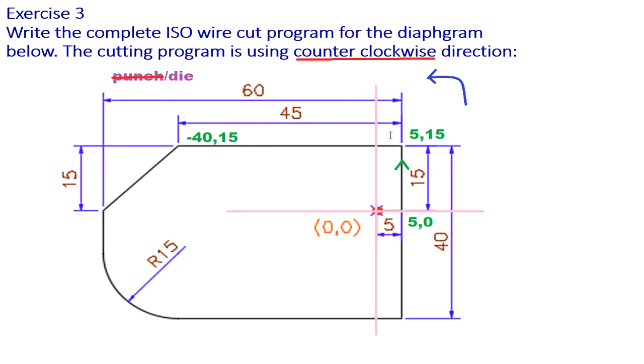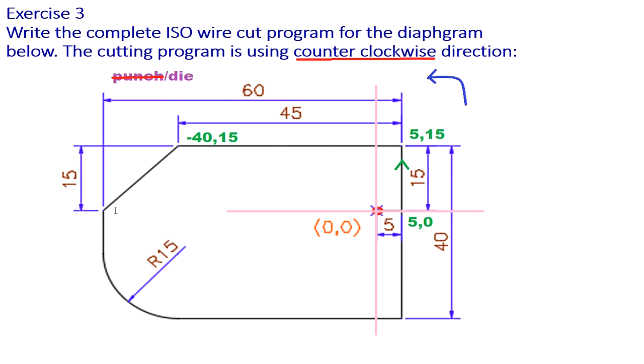Because the dimension from this point to this point is 45, but don't forget to deduct this distance 5, because our starting point 0, 0 is here. So from here to here is 45, but from here to this point is 40. Not 45, so minus 40.